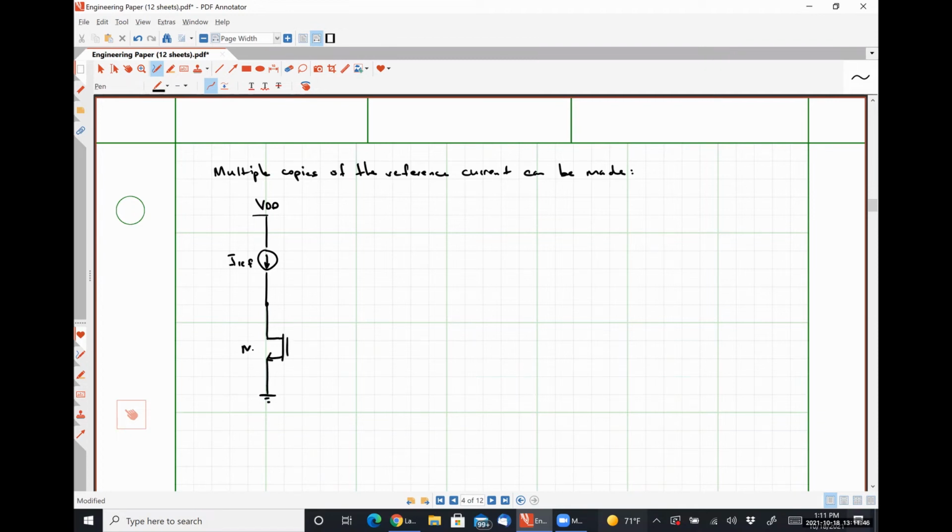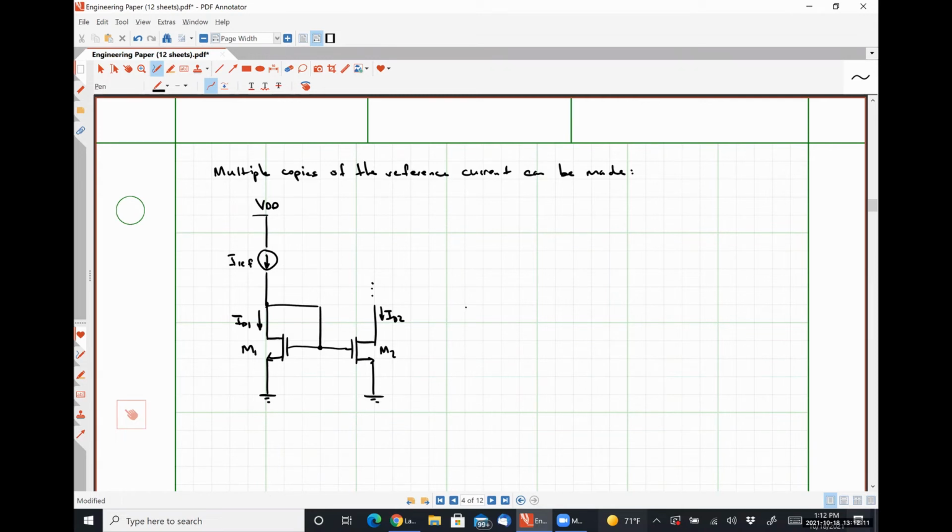So here is M1 carrying a current of ID1. Here's M2 carrying a current of ID2. This is our basic configuration. Right.